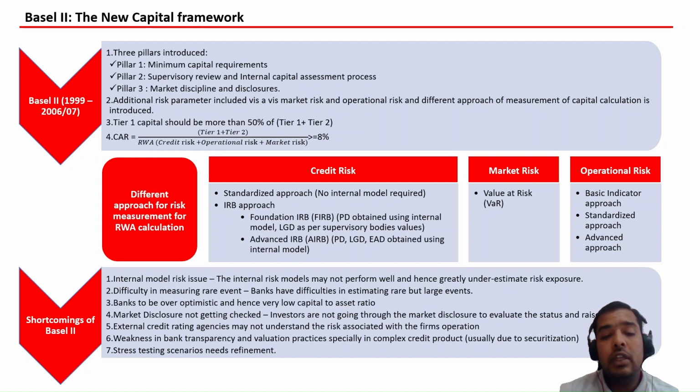Another is that market disclosures are not getting checked, and investors are not going through the disclosures to evaluate the status and raise a red alert. Because of that, more awareness is needed around market disclosure checking, so that the health of the bank can be assessed early, and if any red alert is identified, proper mitigation can be applied.